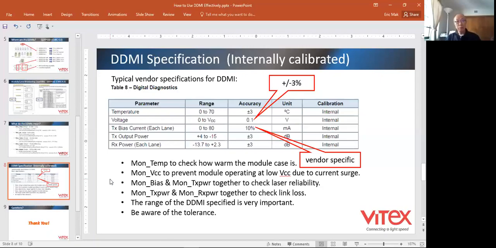Because the calibration is fixed. Once it's fixed, for instance, if it's -3, it always stays at -3. That won't change. But by looking at the beginning of life data, then you know how accurate the measurement is, right?